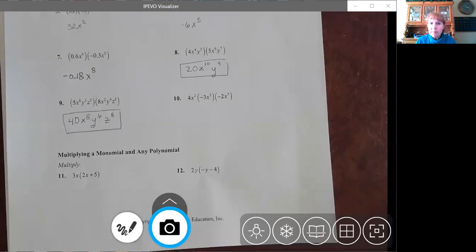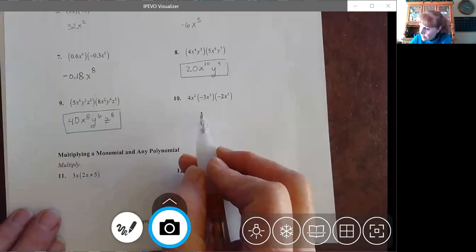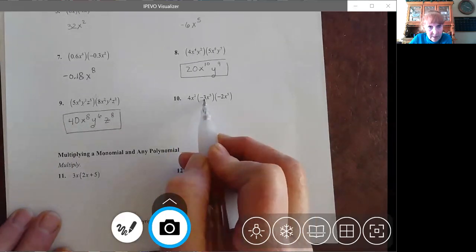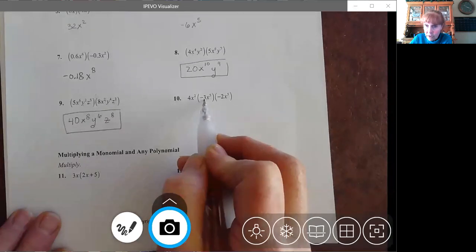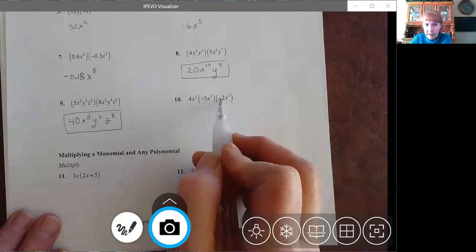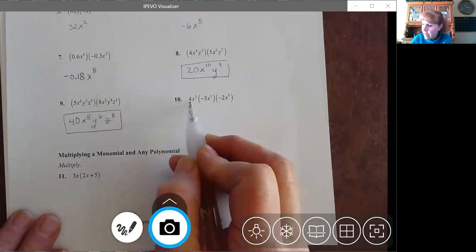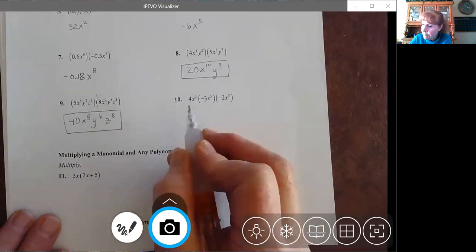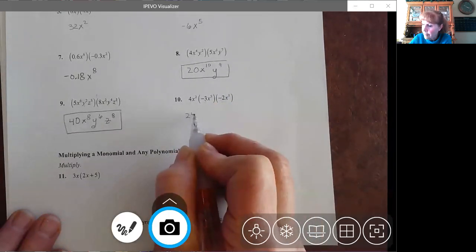4x squared times a -3x to the 5th times a -2x to the 5th. Let's multiply the coefficients. 4 times a -3 is a -12. That answer times a -2. So a -12 times a -2 is a +24.